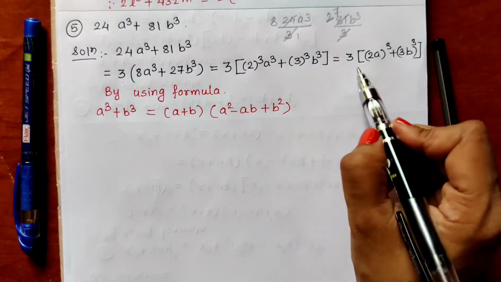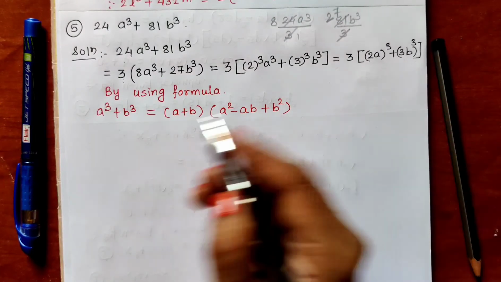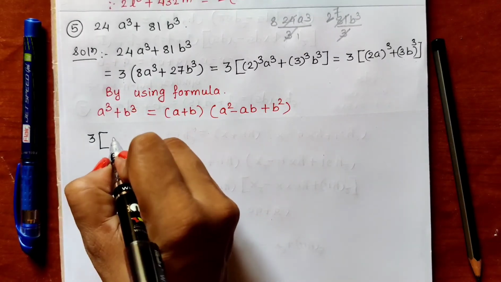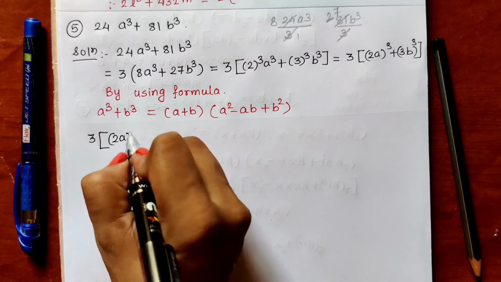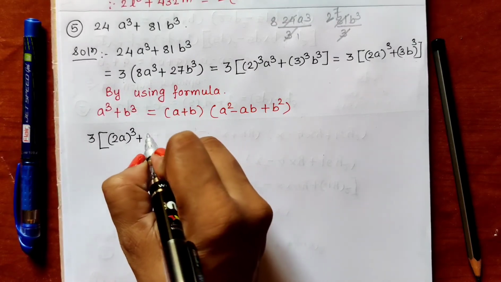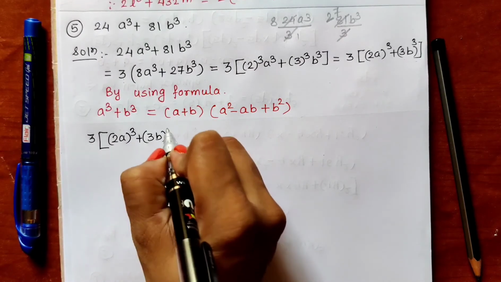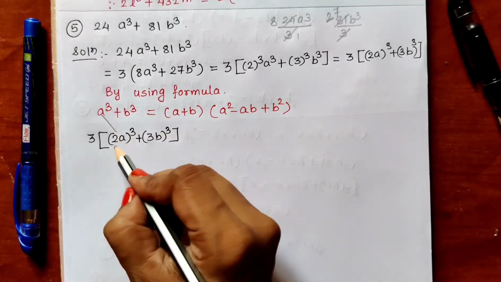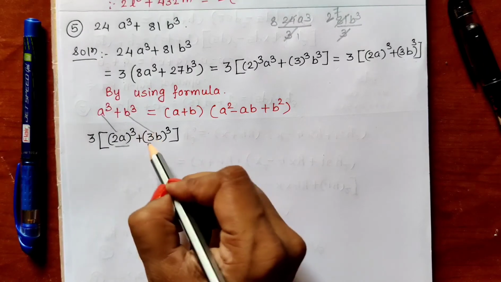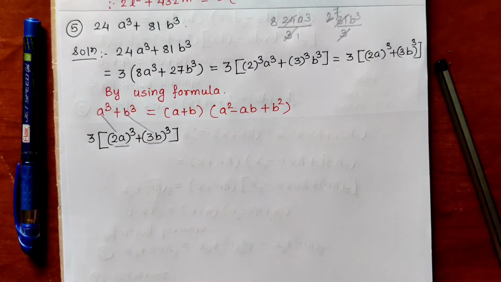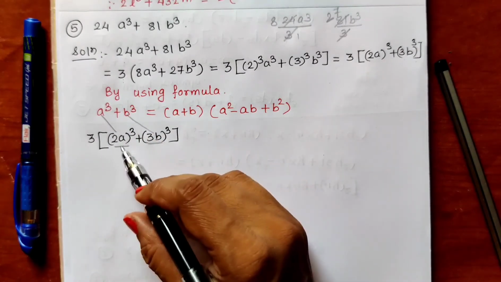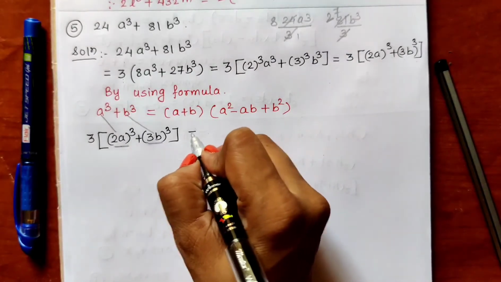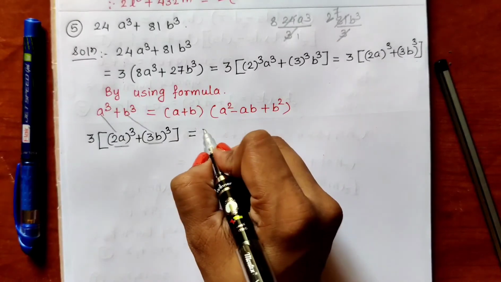Now we will be applying the formula to this answer. 3 as it is we write outside the bracket. 2a whole cube plus 3b whole cube is equal to, now our a is 2a and b is 3b. So in place of a we will be writing 2a, and in place of b we will be writing 3b in the answer. This 3 we keep on writing as it is.